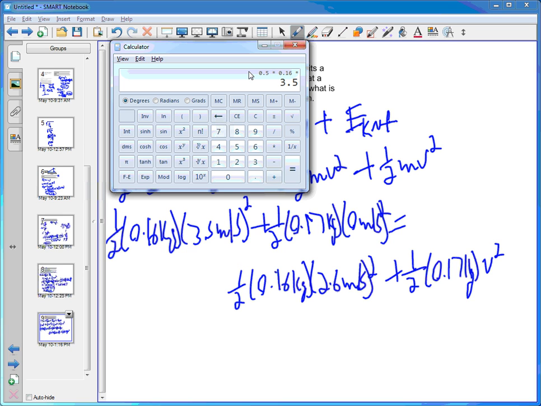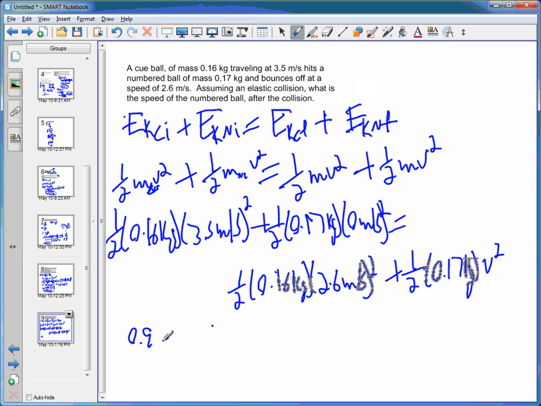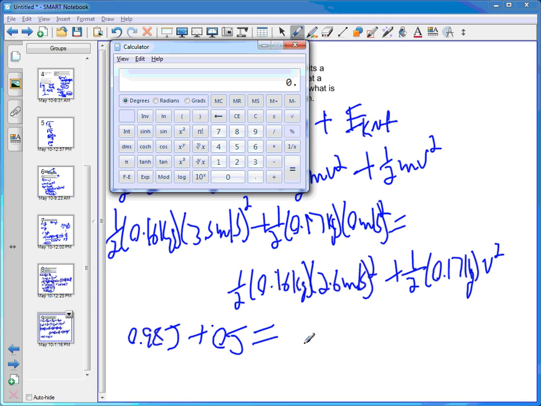Joules plus, now this one is obviously going to be 0 joules because you're multiplying by a speed of 0, is equal to 0.5 times 0.16 kilograms times its final speed of 2.6 meters per second squared, equals 0.5408 joules.